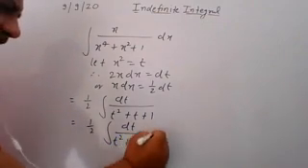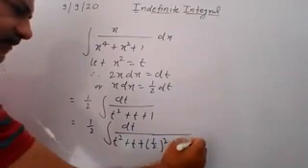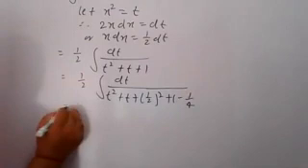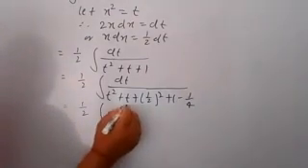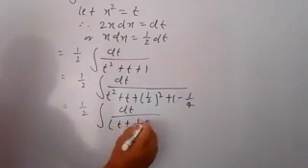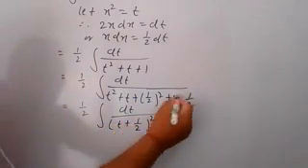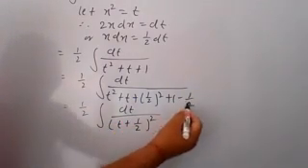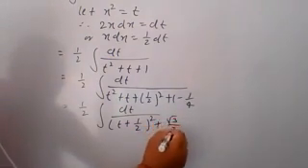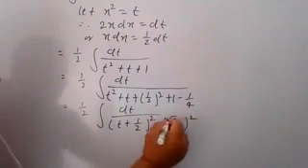So square of 1 upon 2 plus 1 minus 1 upon 4, and simplifying it, you have 1 upon 2 integration of dt upon (t plus 1 upon 2) whole square, and here you have 3 by 4, which can be written as (root 3 by 2) whole square.